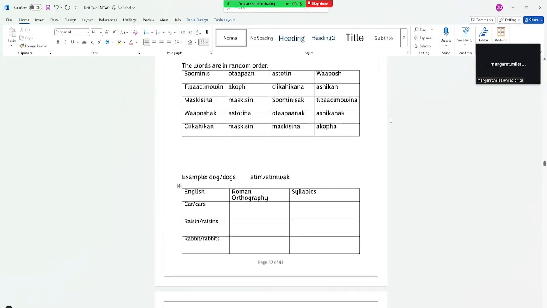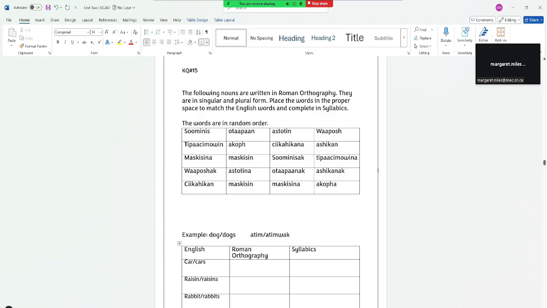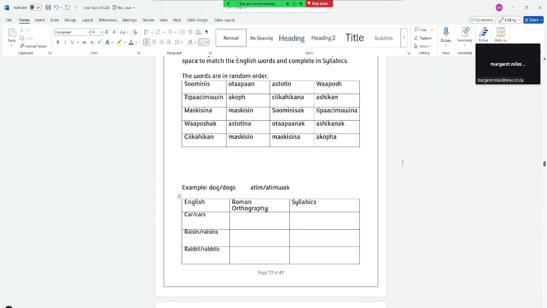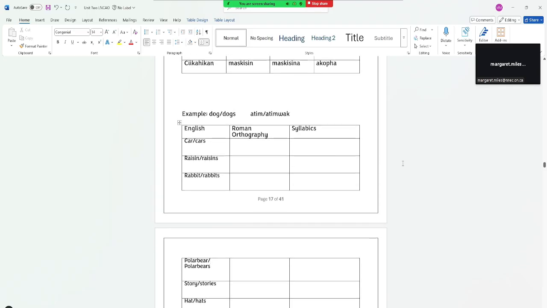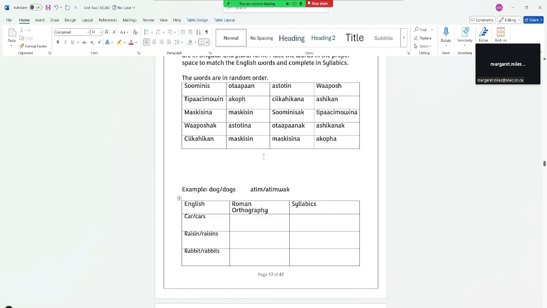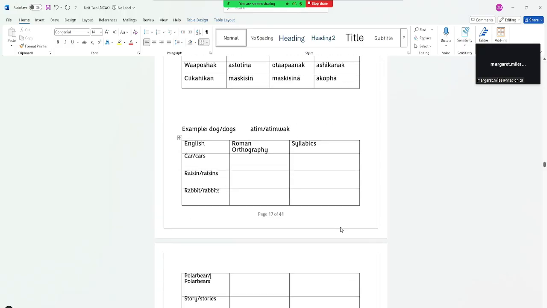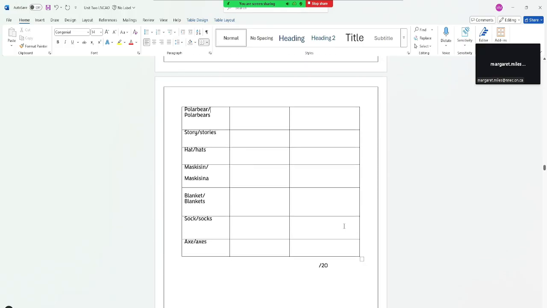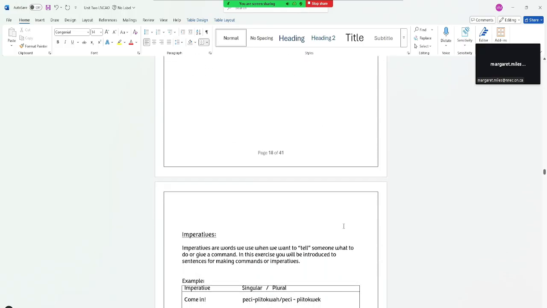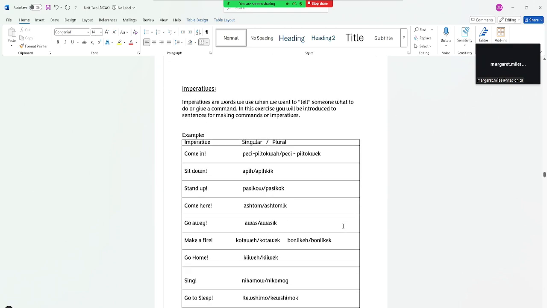So again, key question 15. In this chart, fill in the blanks, Roman writing and syllabics. So the next lesson here is imperatives.